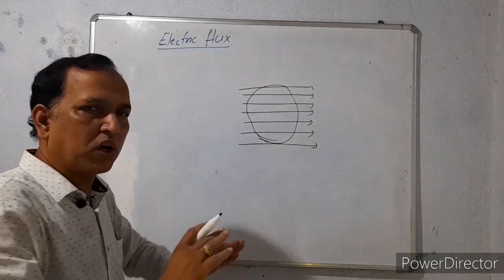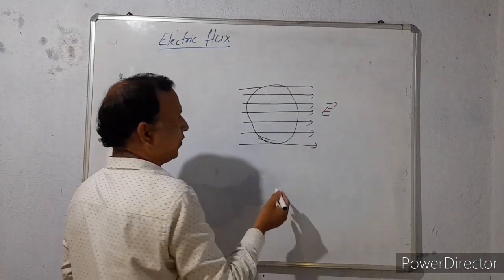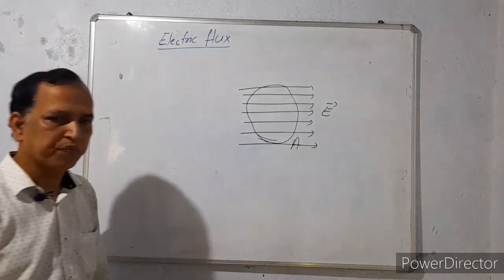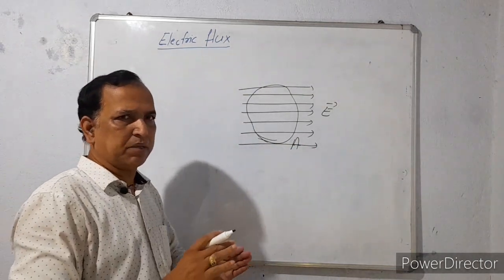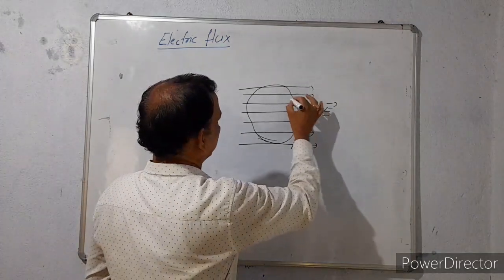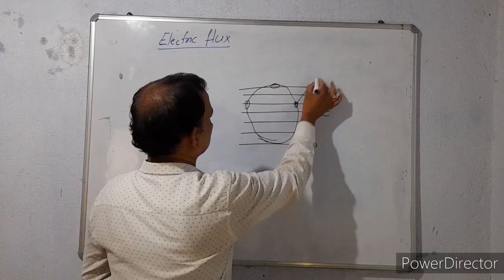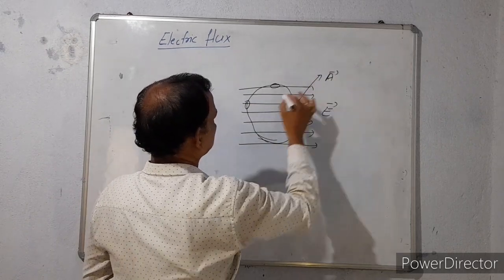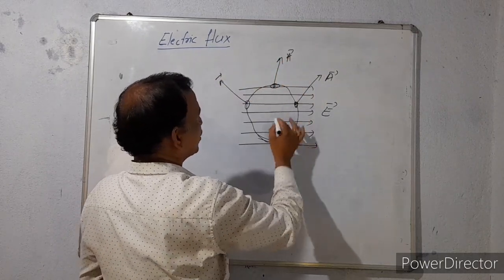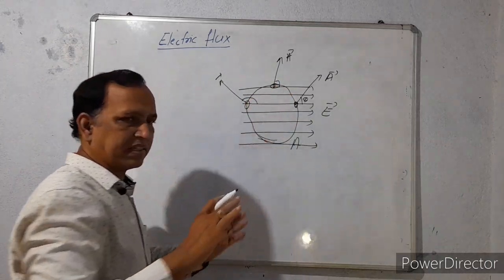In case of a closed surface, this is the direction of the lines of force or electric field. The surface area is suppose A. Now this surface area is divided into a very large number of small areas. This is one, this is another one. This is a small area, and the angle here is theta, this is also theta, this is also theta. There are three cases.